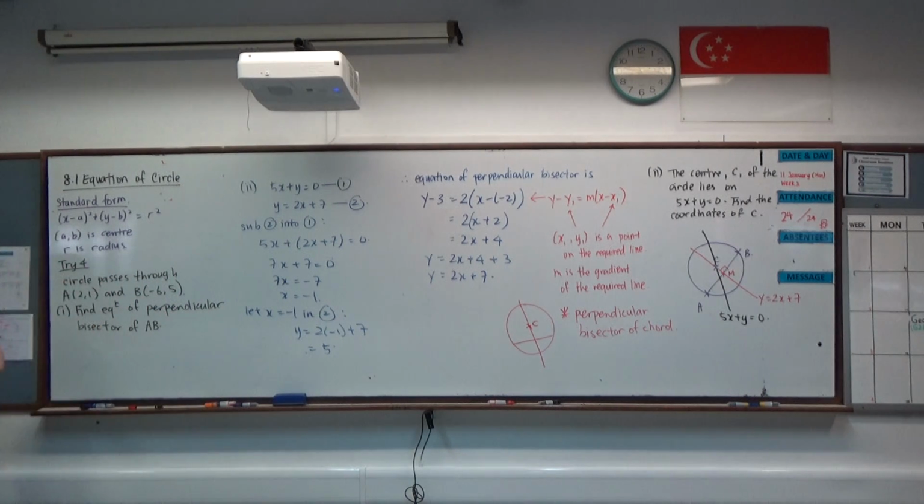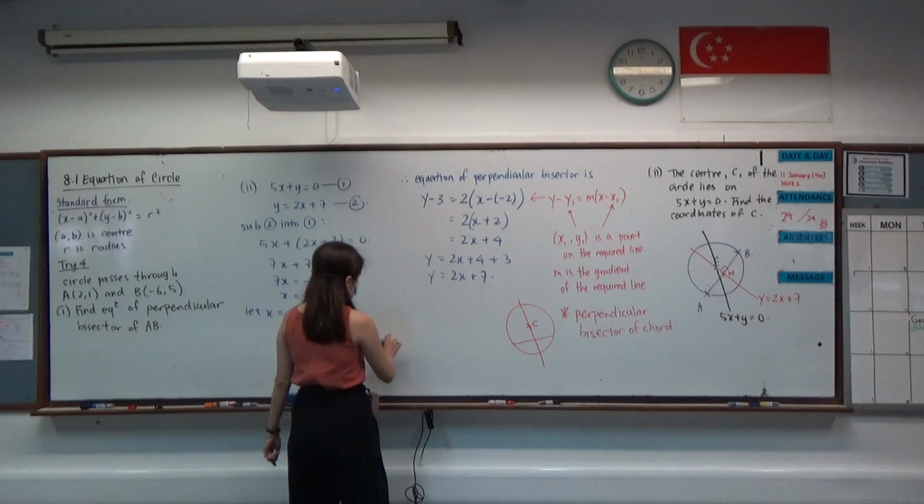Solve simultaneously and we get x equals negative 1, y equals 5.